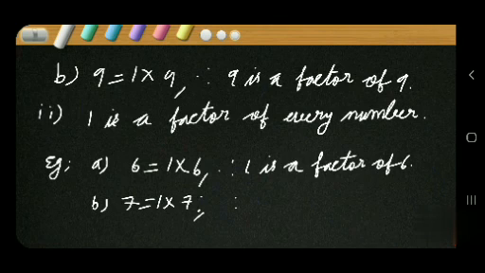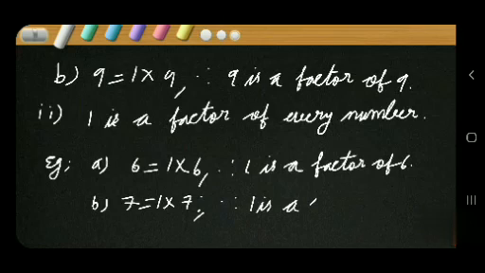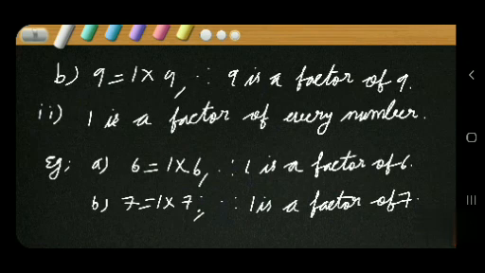Yes, therefore 1 is a factor of 7, isn't it? No doubt at all. This is the second property of factors, isn't it?